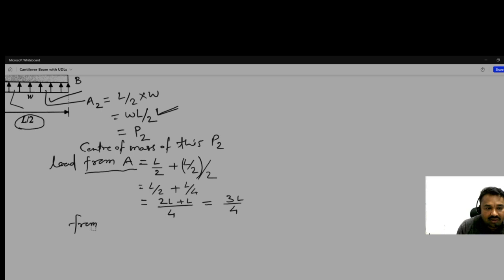From B we can easily get it: the distance is half of the beam which is loaded with the UDL, like this one.